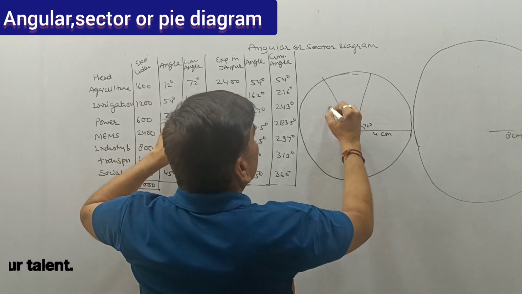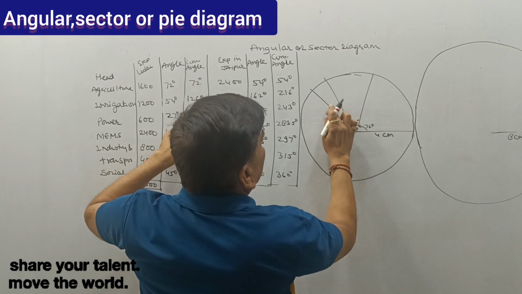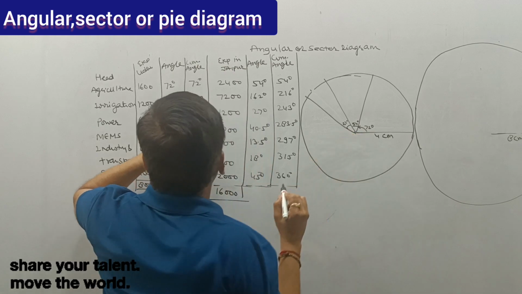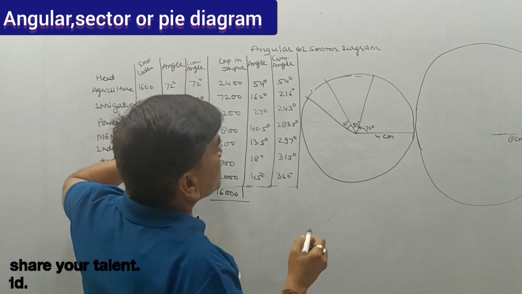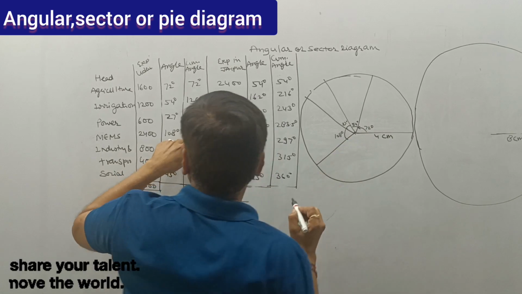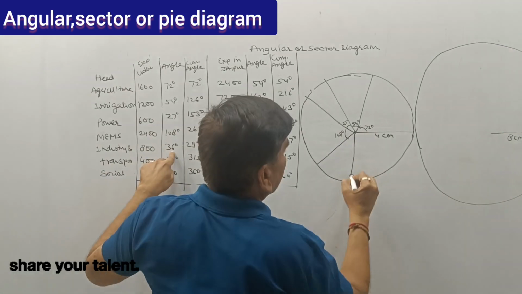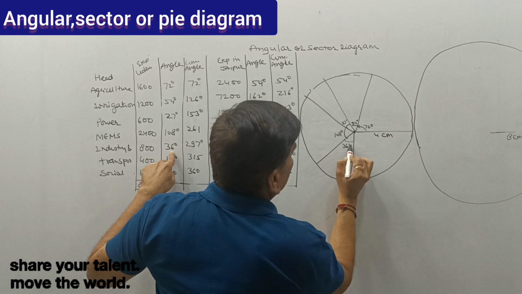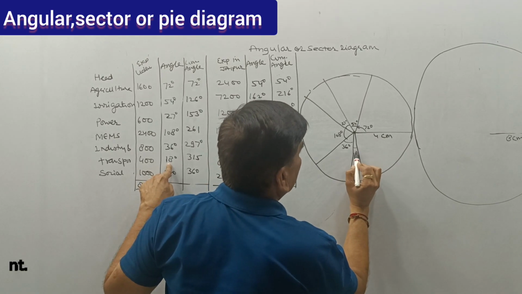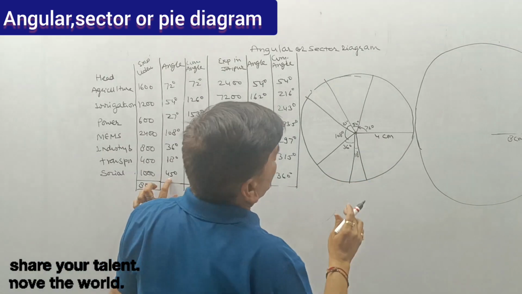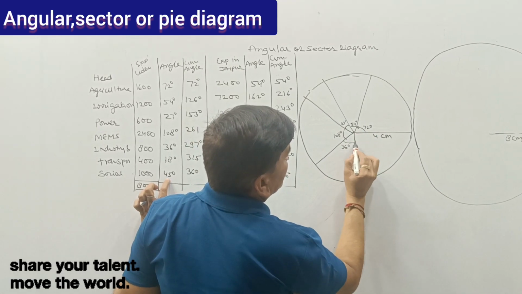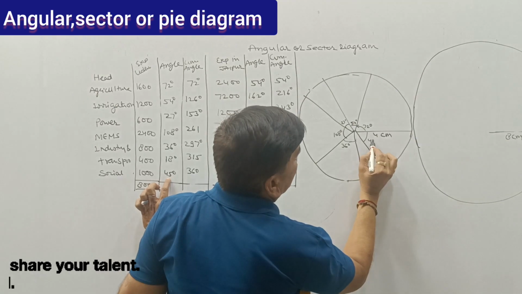Next one is 108 degree. Next one is 36 degree. Next one is 18 degree. And the last one is 45 degree. So this is 36 degree, 18 degree and 45 degree.